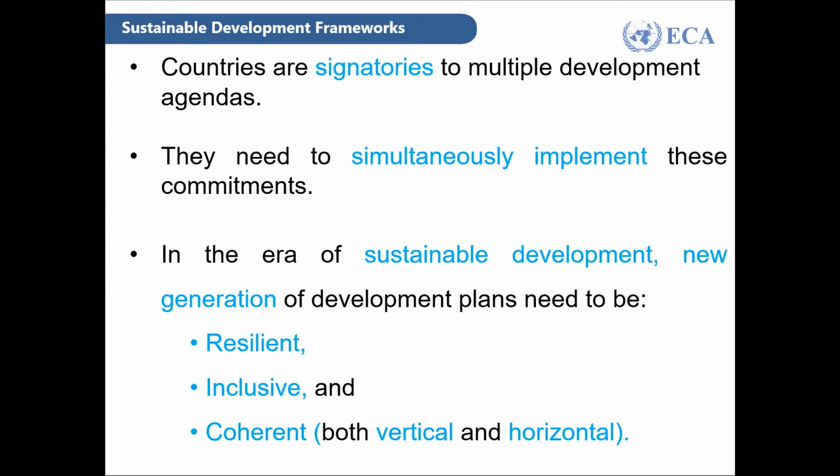So coherent in terms of vertical and horizontal. I will come to that in a minute, the meaning of vertical coherence and horizontal coherence. In any case, the new generation of development plans should be resilient, inclusive, and should be integrated.